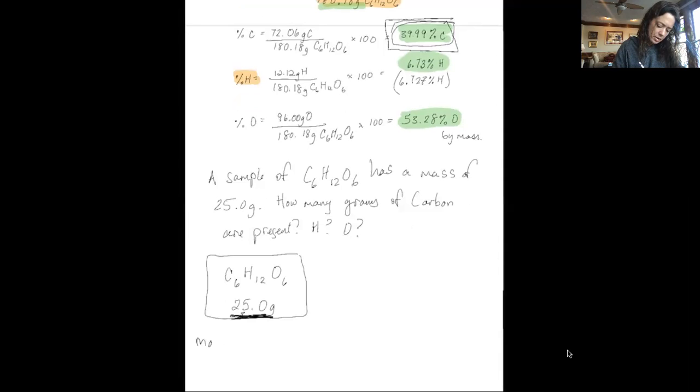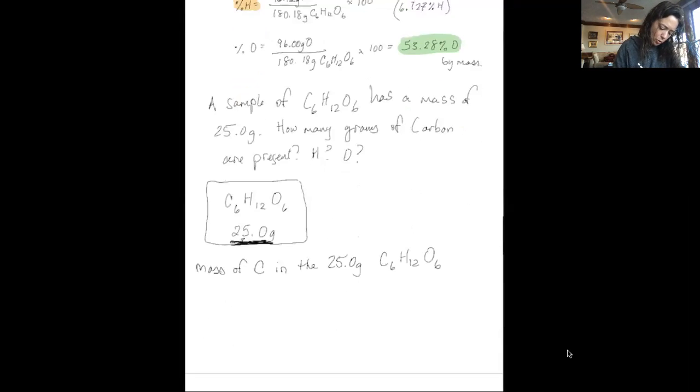So the mass of carbon in the 25.0 gram sample of C6H12O6 is equal to the 39.99% divided by 100% equals 0.3999 times the mass of the compound.